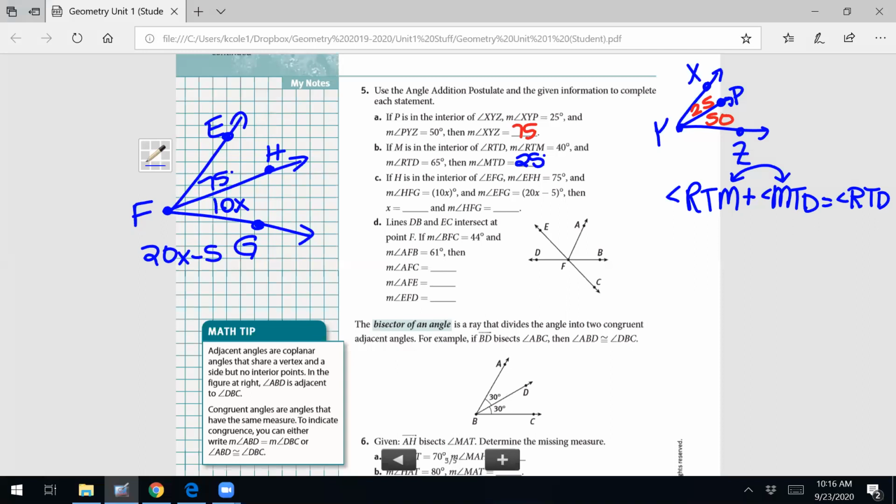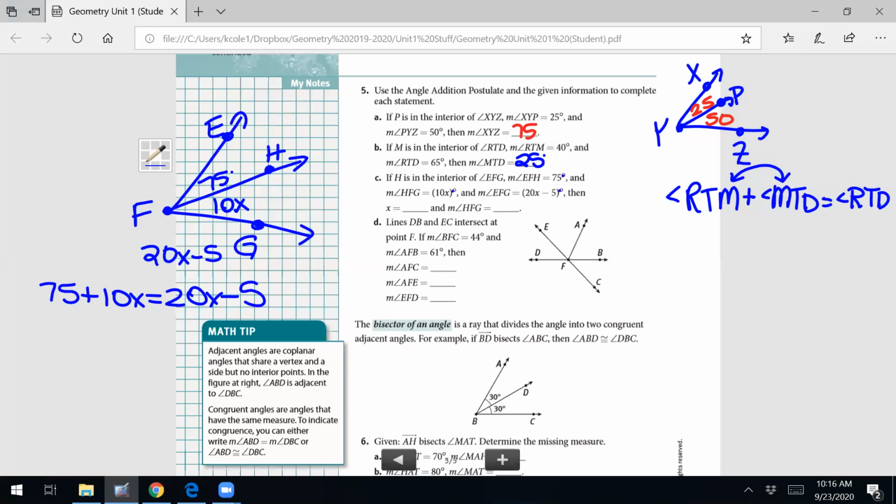How are we going to set this problem up? I know that some things are in degrees and some things are in numbers, but when you write out your equation, everything's just normal. Don't stress over who has a degree sign and who doesn't, because everything is in terms of degrees.